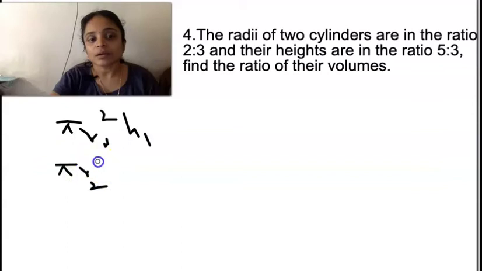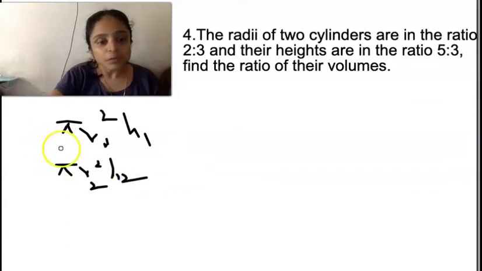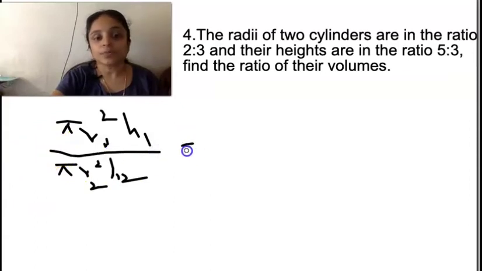pi R2 square H2. Right? Now, volume of first cylinder by volume of second cylinder equal to pi R1 square H1 by pi R2 square H2.